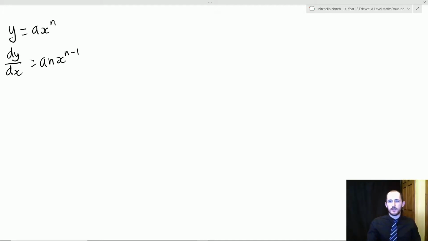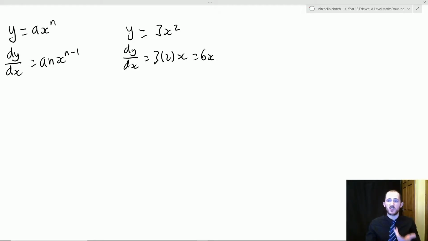So for example, if we have 3x squared, then dy by dx, you're bringing the power forward, so it's 3 times 2x, so it's going to be 6x. Okay, so again, when we did the first principles stuff, you should know that these are some of the results we got.